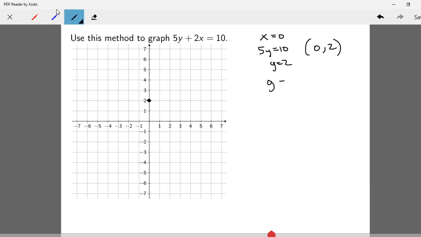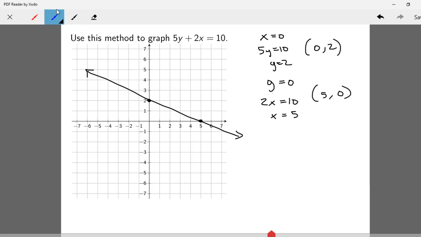If y is equal to 0, then we have 2x is equal to 10. So we have x equals 5, (5, 0). Connect them. We've got our line.